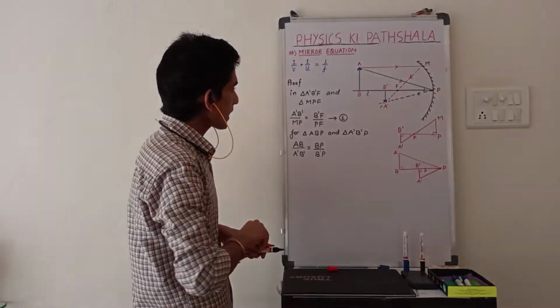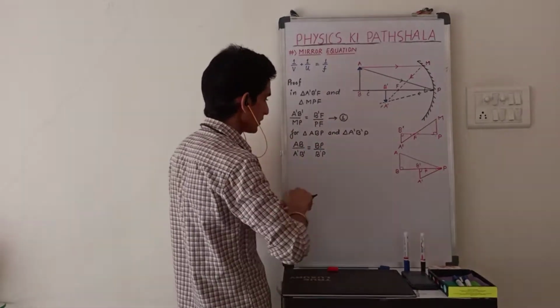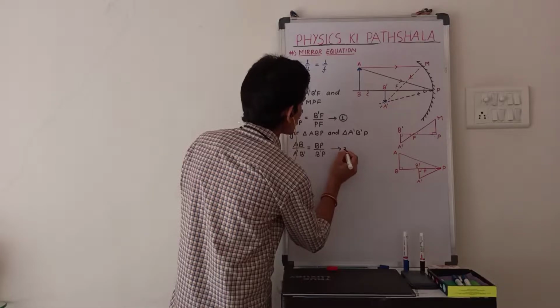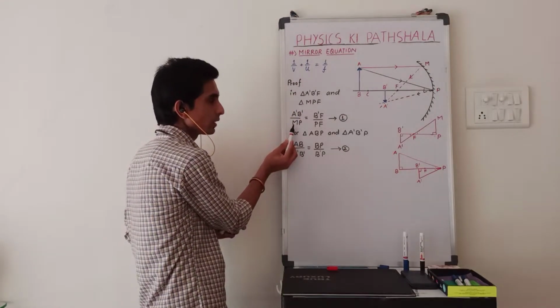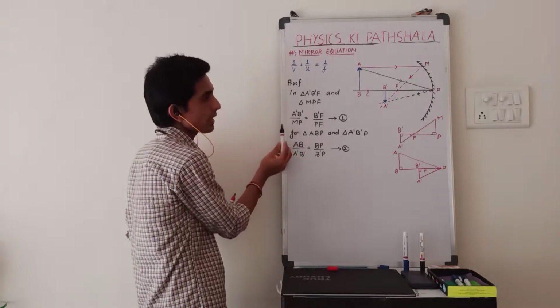We call this equation number 2. Now if we consider our equation number 1, the denominator of the left hand side is MP.